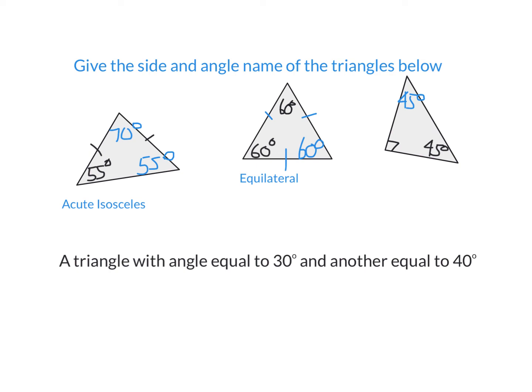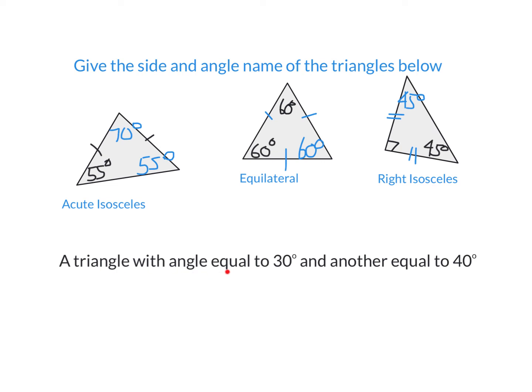So because this triangle has two equal angles, it must be isosceles. Because the largest angle is a right angle, it's a right-angled isosceles. And just so we know, it must be these two sides that are equal based on where the angles are. So we can call it a right-angled isosceles, or simply write right isosceles. So we've given it an angle and a side.